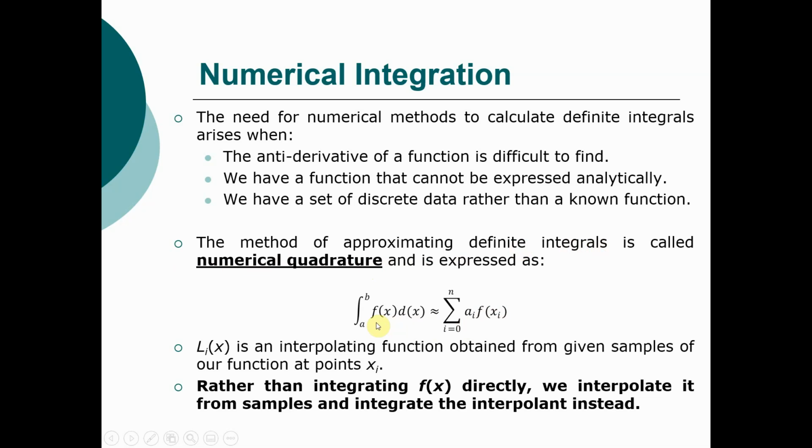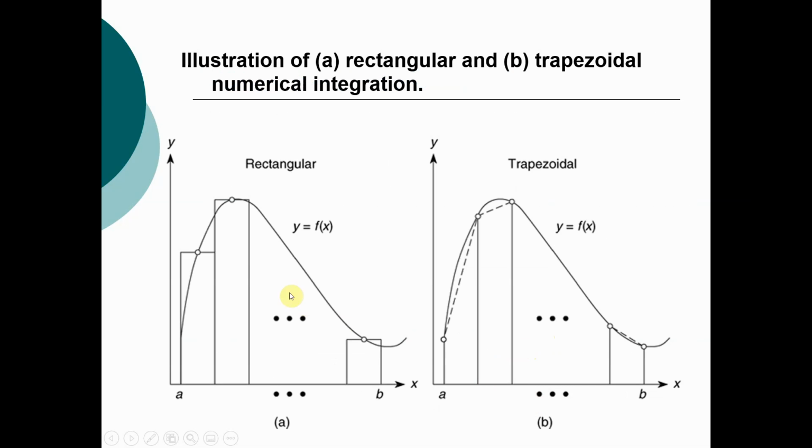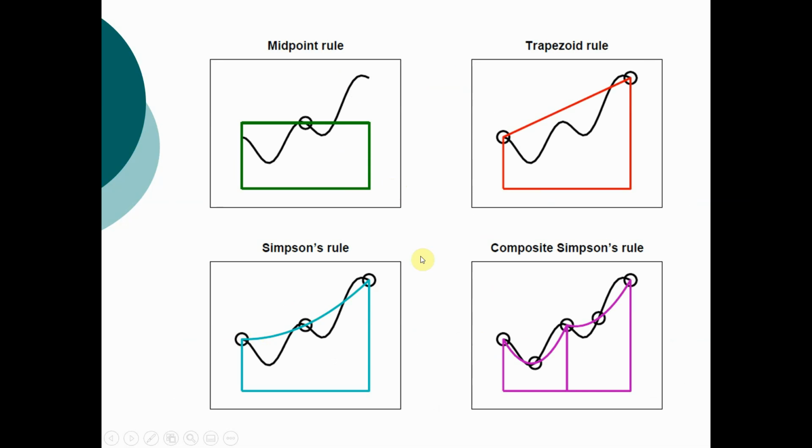Instead of finding this integral, we are approximating f of x with another function, and we break it into smaller subintervals. Okay. So this is showing you the composite rules: the trapezoidal rule, rectangle rule, midpoint rule, Simpson's 1/3 rule, and this is the composite Simpson's rule.